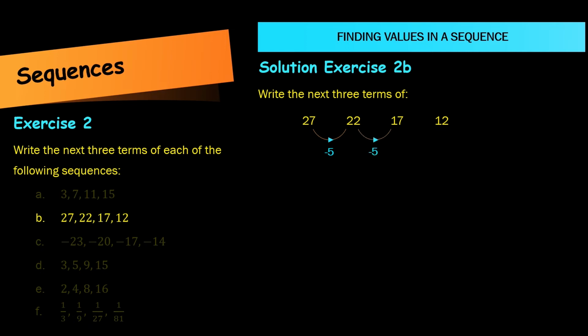Similarly, subtracting 5 again gives us 17, and subtracting again gives us 12. So we've got the pattern. Let's subtract again to give us the next term, which is 7. Minus 5 is 2, and minus 5 again for the third term is minus 3.